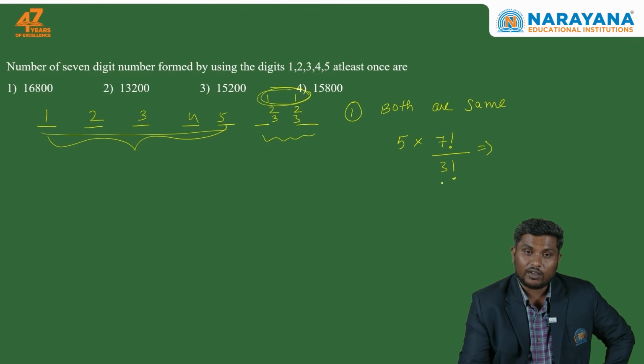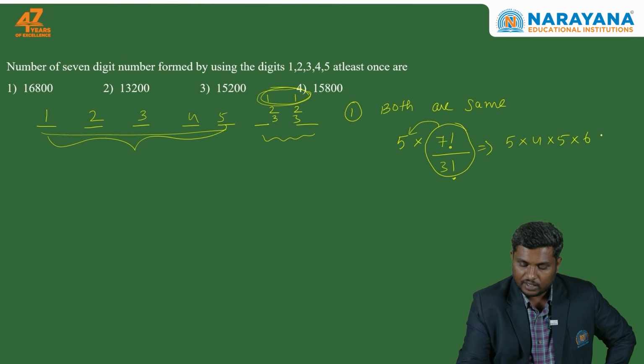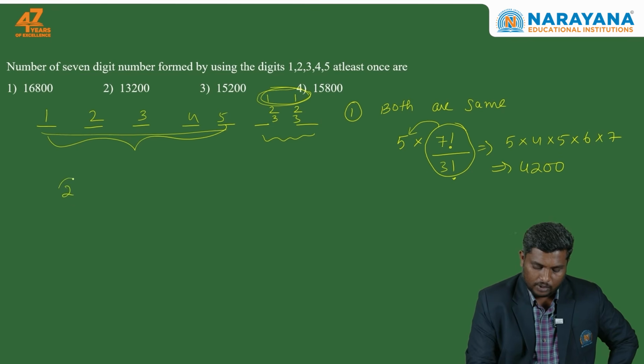These are 3 factorials for the repetitions, identical objects here which are 1, 1, 1. There are 3 such things, and this is for one case, and there are 5 such cases. So this will be 5 into 4, 5, 6, 7. So this is 20, 100, 600, 4200. This is case 1.